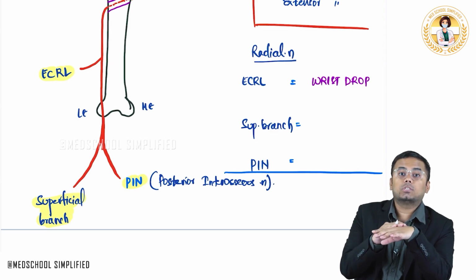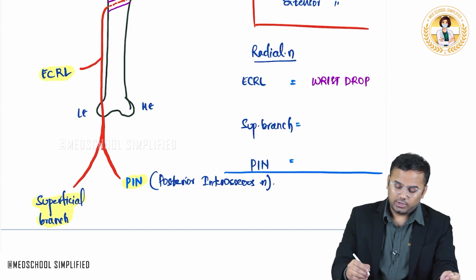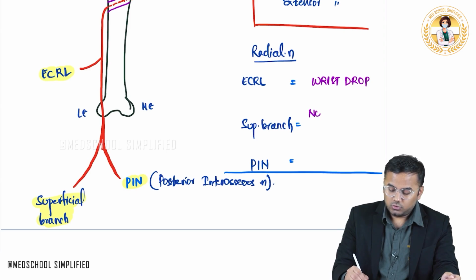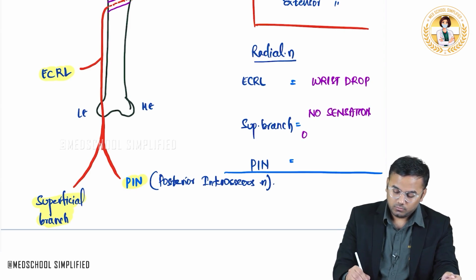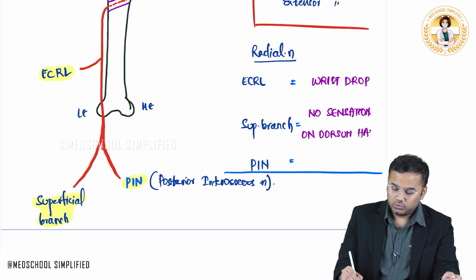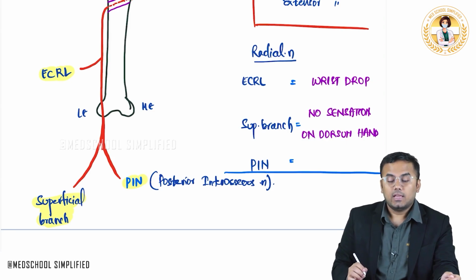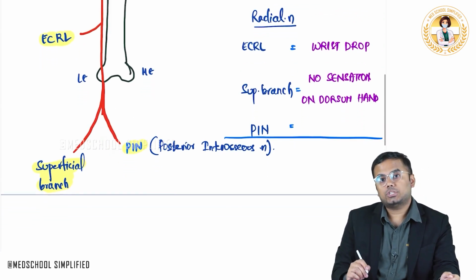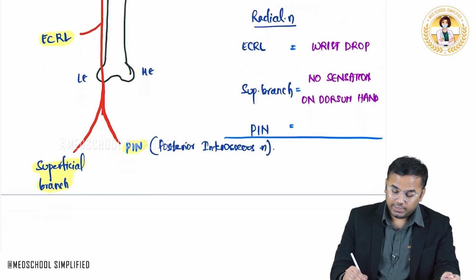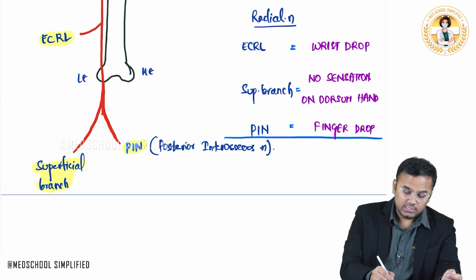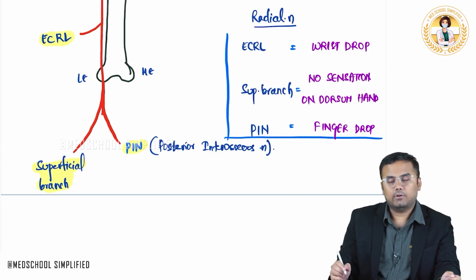So you have to write it as no sensation on the dorsum of the hand. And in the same way, when the posterior interosseous nerve is damaged, that would lead to finger drop. So if you remember these three important things which I have given, most of your MCQs will be covered.